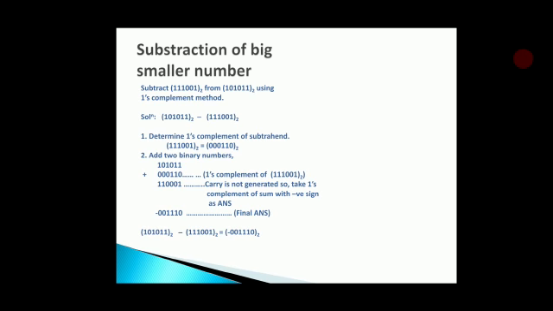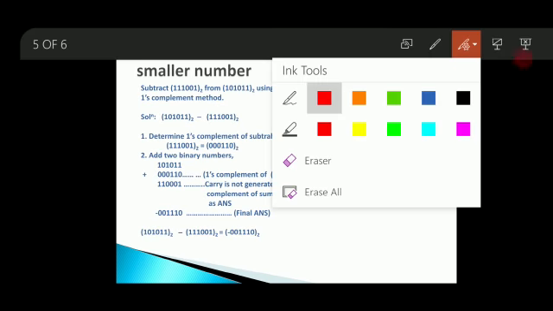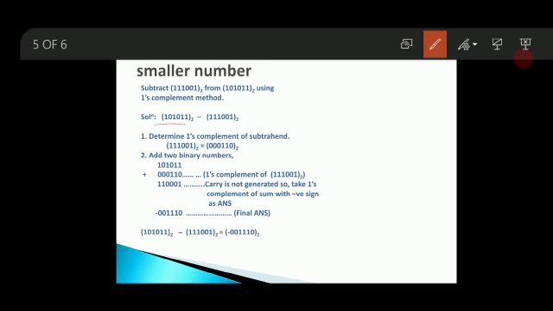This is the second case, that is, subtraction of a bigger number from a smaller number, smaller number minus bigger number. Here also the steps are the same. You have to take the ones complement of the subtrahend. The subtrahend is 111001.